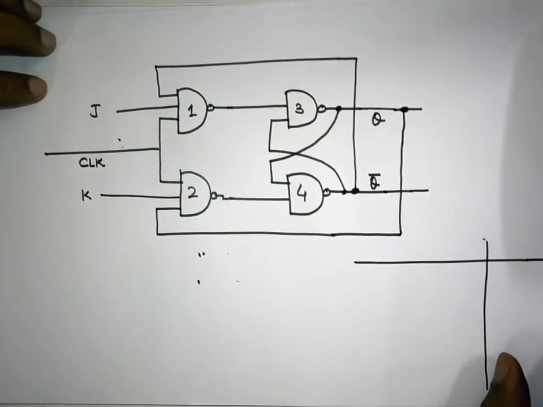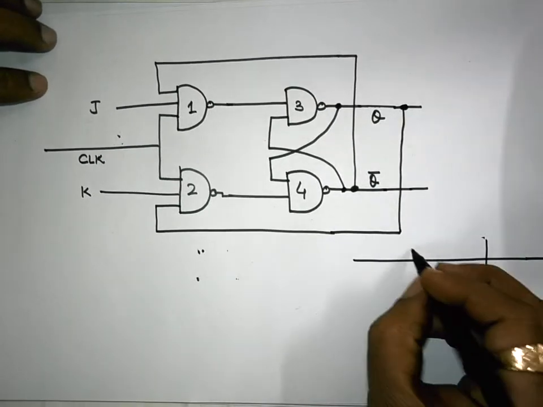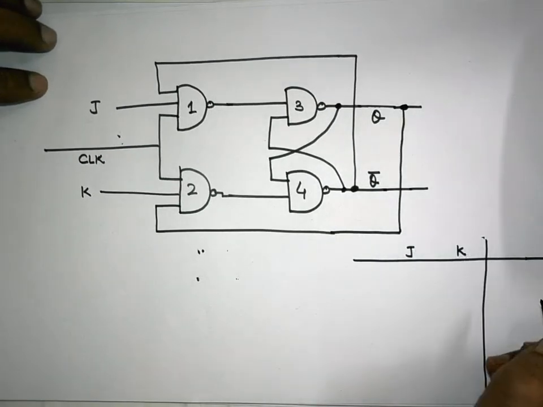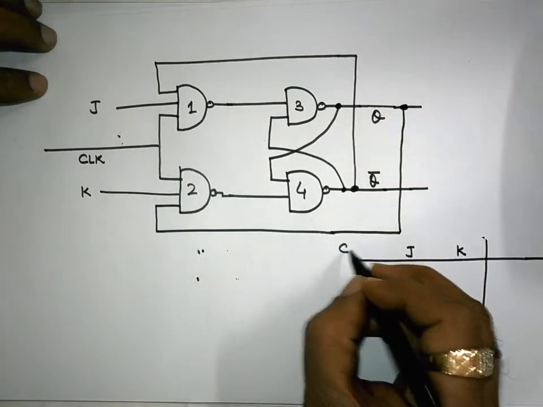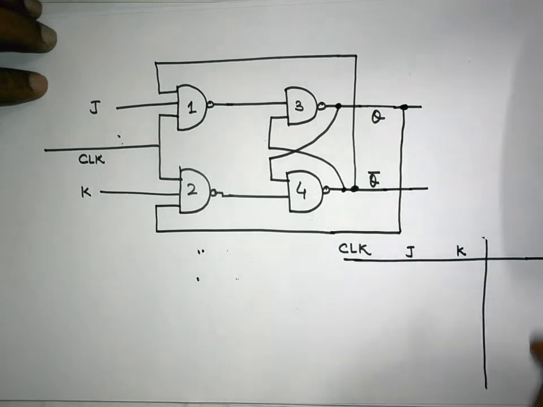It has J and K as input, clock also, and Q and Q bar as output.